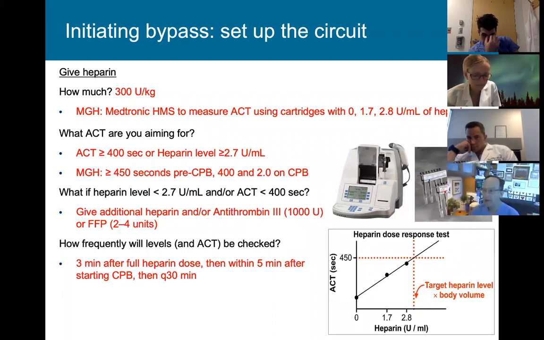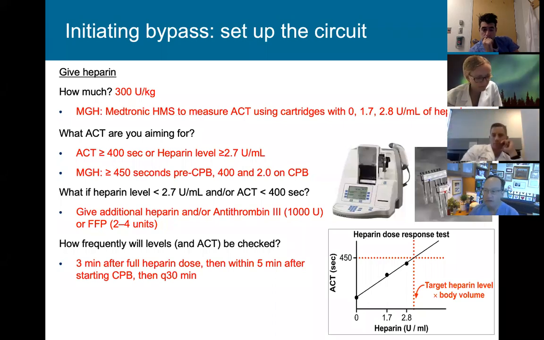I'm going to add a few things as well. ACT turns out to be more complicated than you might imagine, and this became apparent when people began to use a drug that's no longer used very much called protamine. When protamine was used, you got very different ACT numbers depending on what kind of ACT cartridge you used.